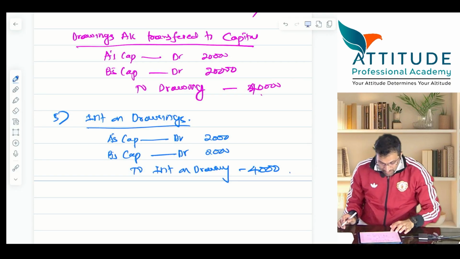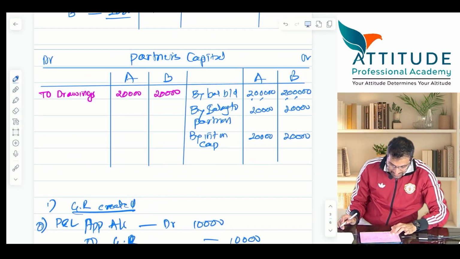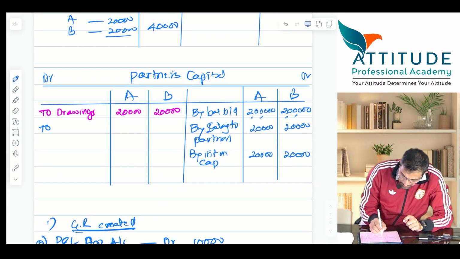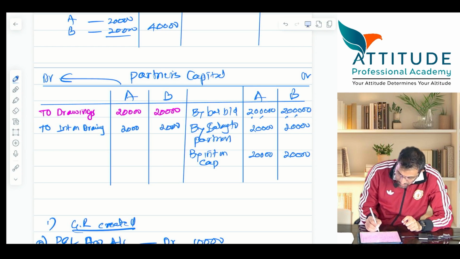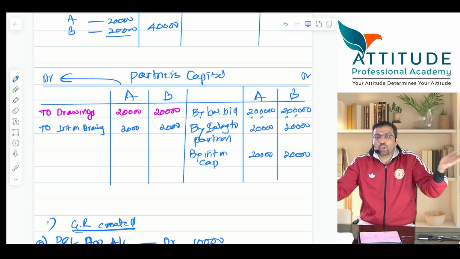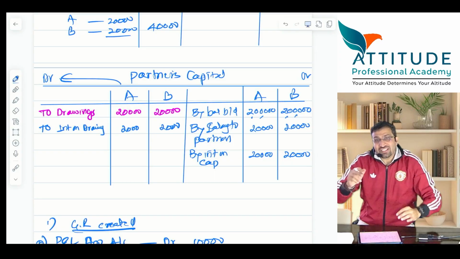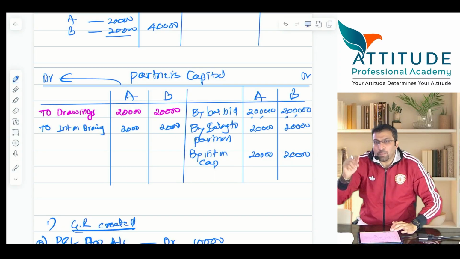Now come down here, partners capital account. A's capital account debit to interest on drawings 2,000. Now this interest on drawings should also get closed. Transfer it to P&L appropriation account.